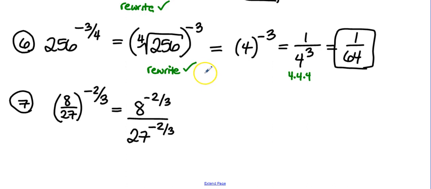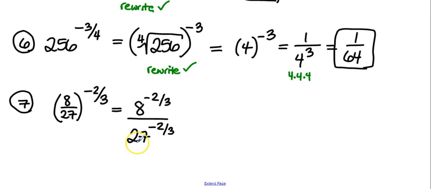Now we're going to address what? What are we thinking? I'm going to give you a second to look at it before I recommend a path, because there's many right ways to get to the same answer. I'm looking at 8 and I'm looking at 27.